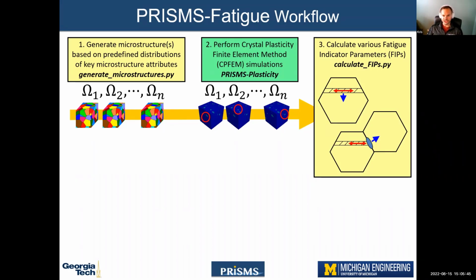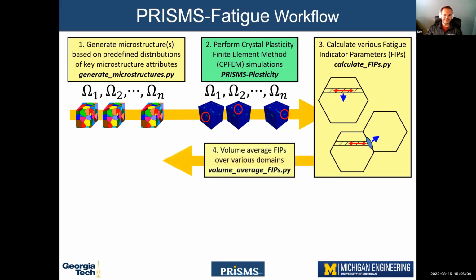I'll talk about FIPs in just a second, but to summarize, FIPs are surrogate measures for the driving force for fatigue crack formation that are often used in these types of simulations that want to assess fatigue resistance of microstructure models. After we compute these FIPs at every point in our microstructure models, we need to perform a volume averaging. And I'll talk about the various schemes that we have and why we need to volume average.